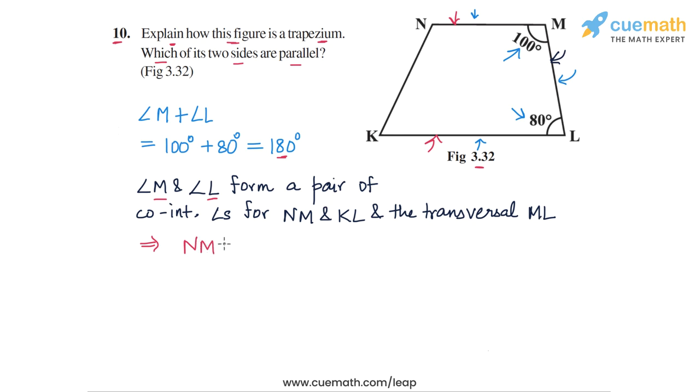So the segment NM must be parallel to the segment KL, and this means that the quadrilateral NMLK is a trapezium. NMLK is a trapezium because it has one pair of opposite sides being parallel to each other. So this is the reasoning for question number 10.